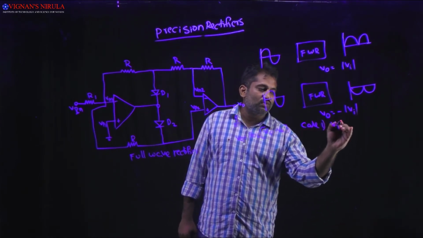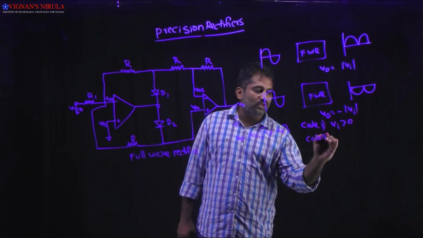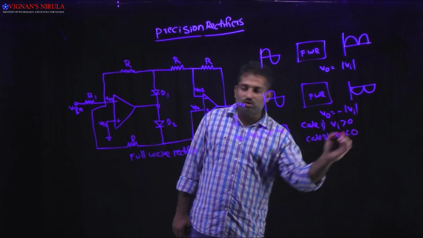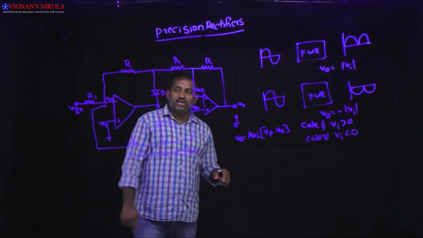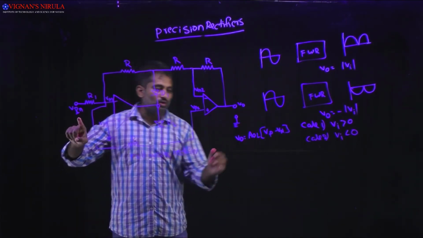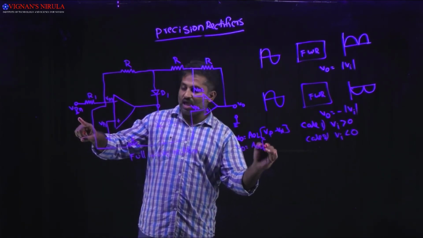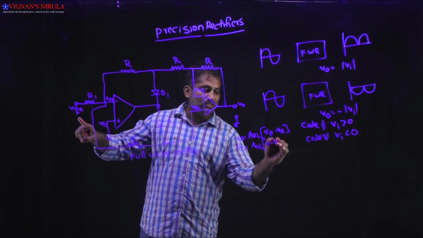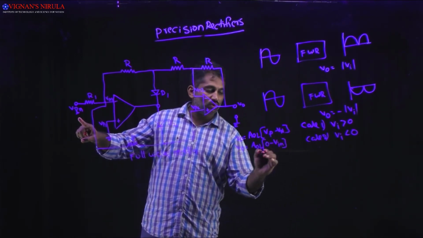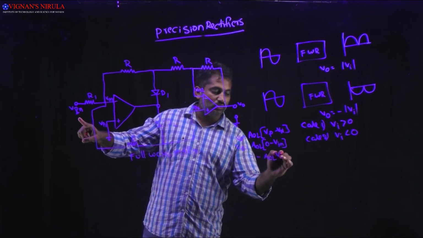Now we will see what happens when Vi is greater than 0. So V naught is equal to A naught L into Vp minus Vn; I am assuming Vp is 0, and Vn is Vin. So V naught will be equal to minus A naught L into Vin.